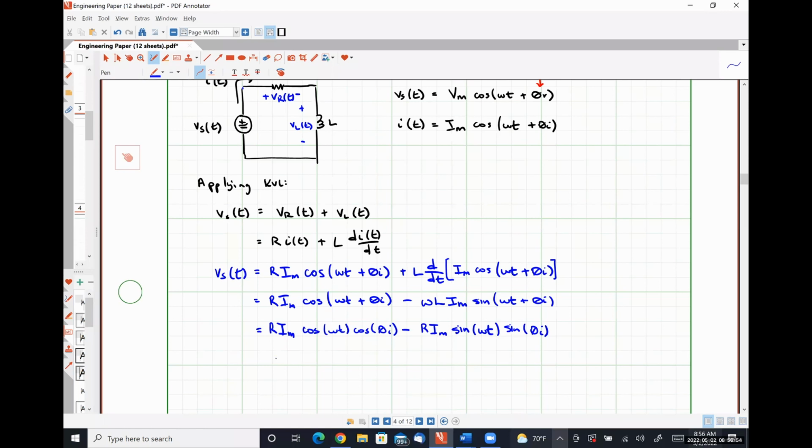And then I'm going to subtract from that omega L Im. And now I'm applying trig identity number 5.